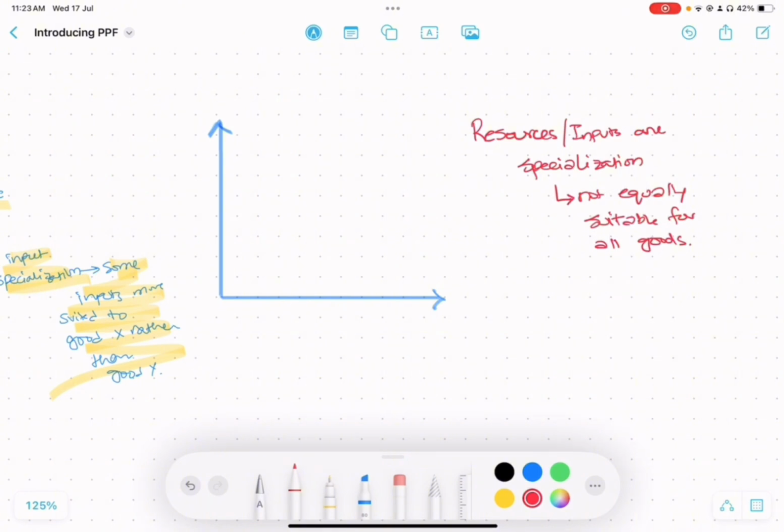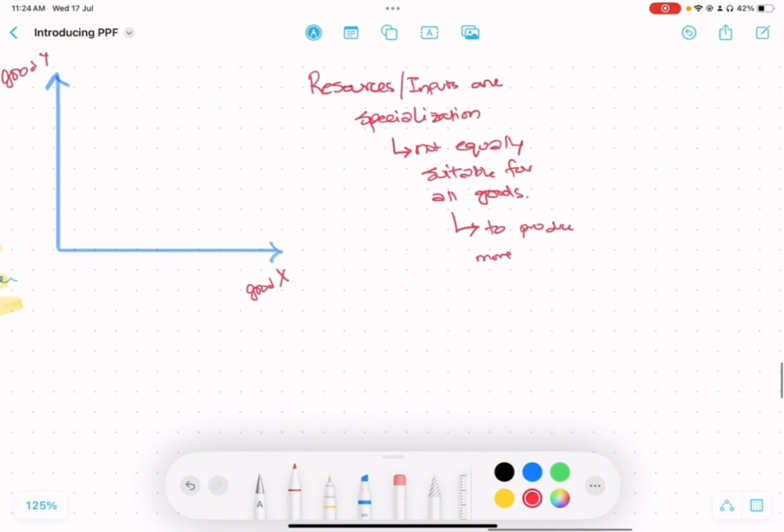In that case, you will see that to produce more, so let's call this good X, let's call this good Y. Then you will see if they're not equally suitable, to produce more good X, opportunity cost increases because they're not equally suitable, right?